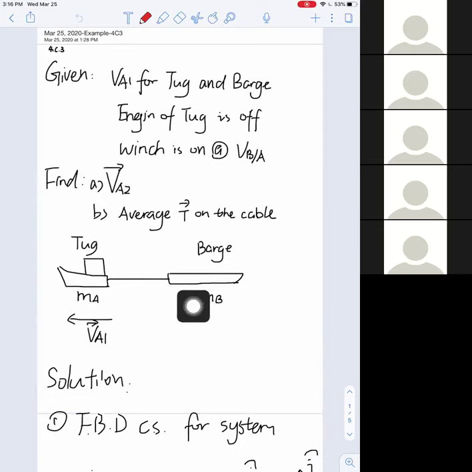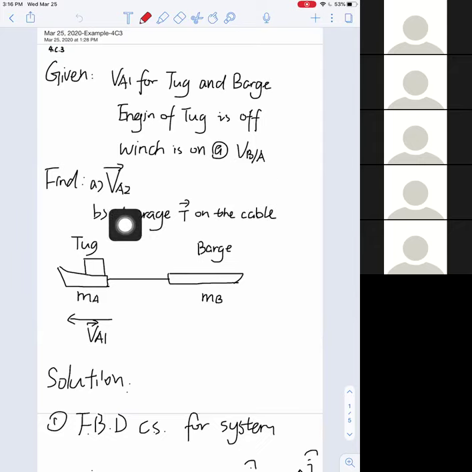At the beginning, they both are moving at the same speed, vA1. At one moment, the engine of the tug is shut off, and there's a winch on the tug that starts to pull the barge closer to the tug at the speed of vB/A.